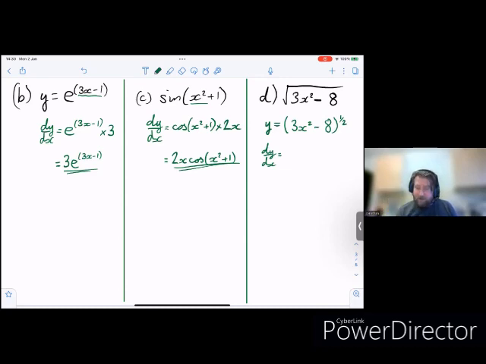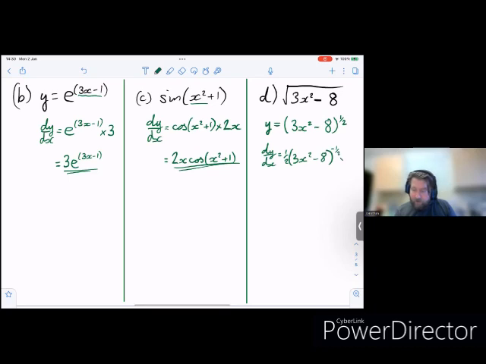If it was x to the half, the half up here will come in front, and then we reduce the power by 1. So we will get a half times x, but obviously our x is really 3x minus x squared minus 8. And then we subtract 1 from the power, so that becomes minus a half.